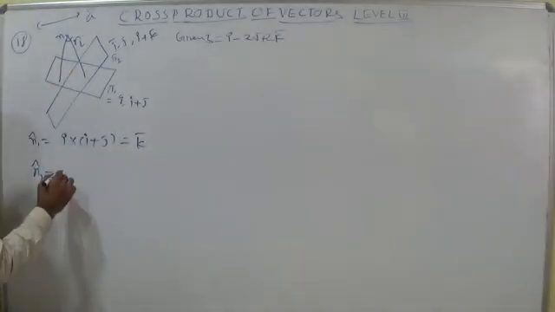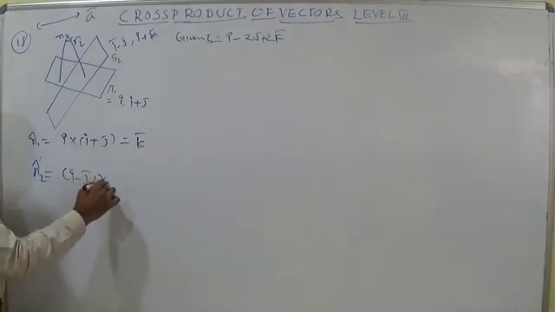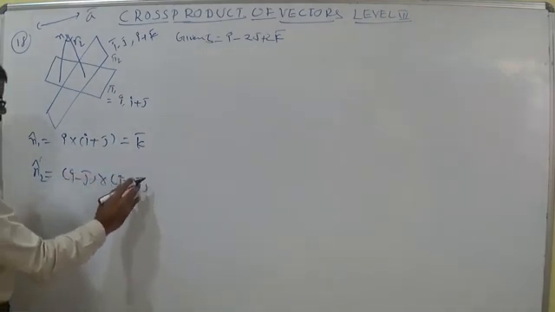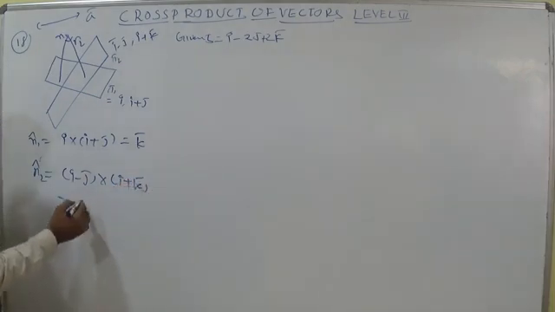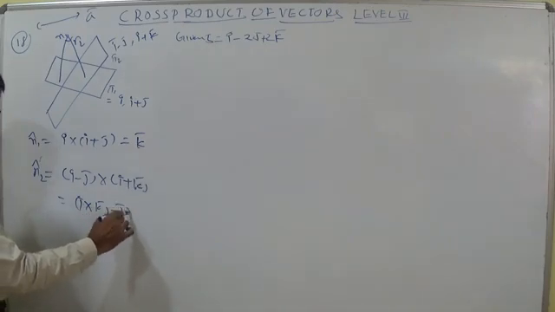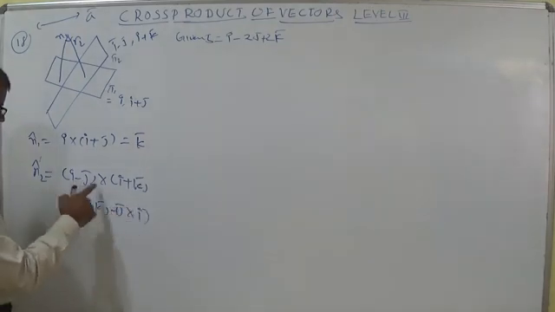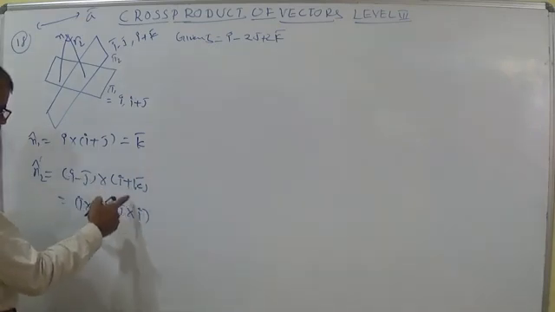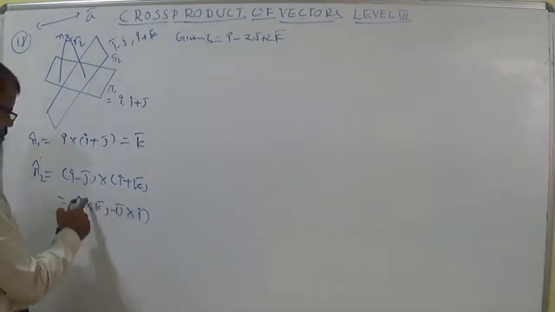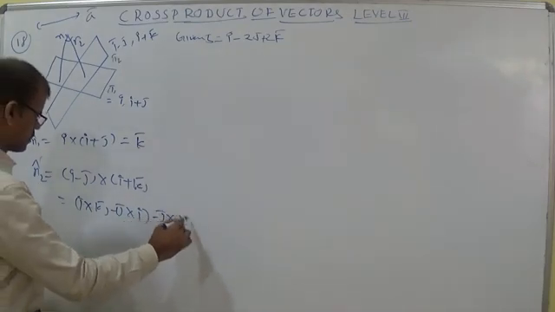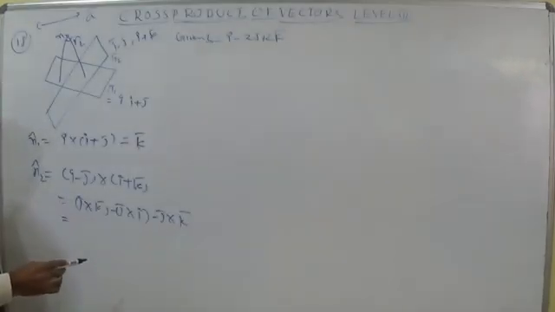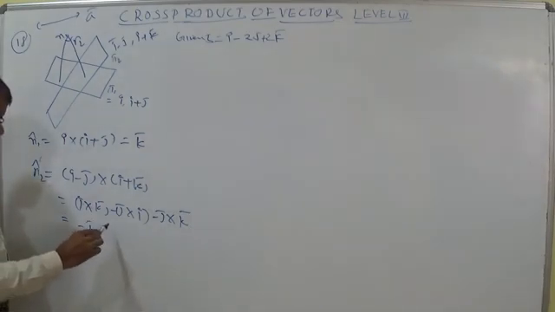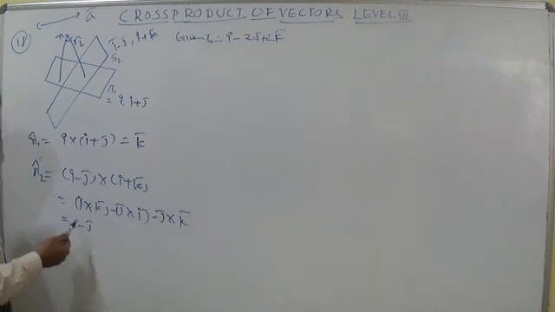Next n2 cap is equal to i minus j cross i plus k. You can write here i cross i is 0, no need to write. i cross k, then minus j cross i, next minus j cross k. i cross k, generally k cross i becomes j, so this is minus j.